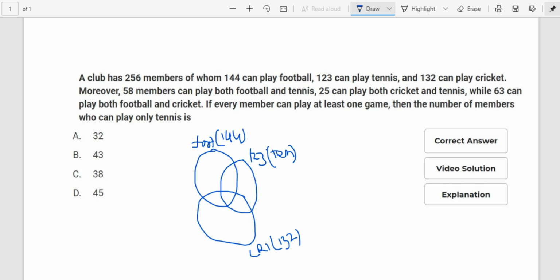Those residing here are playing football, tennis and cricket. These all three games they are playing. So we have to just find this one, isn't it?